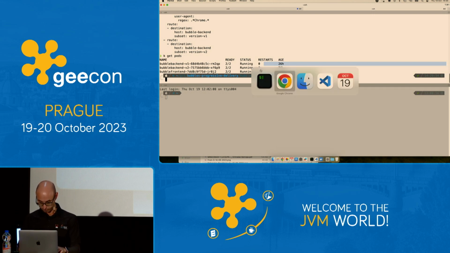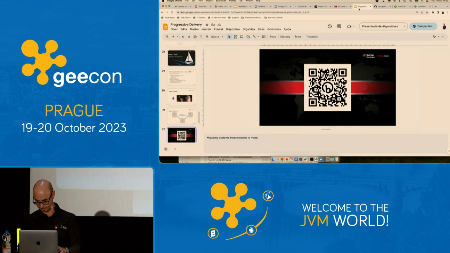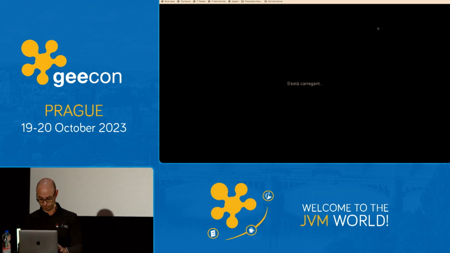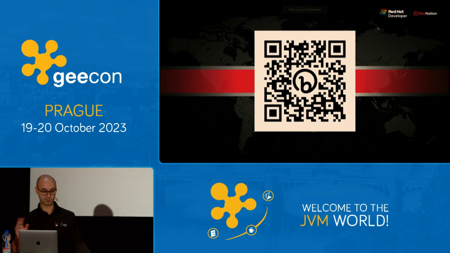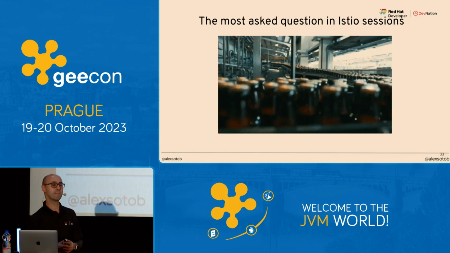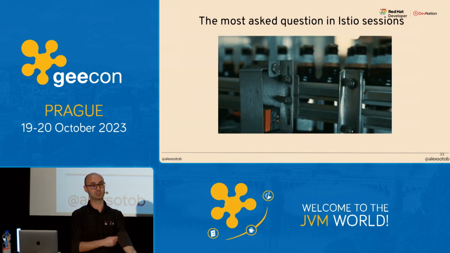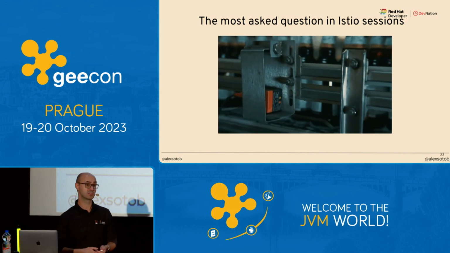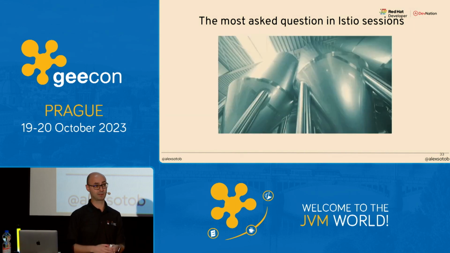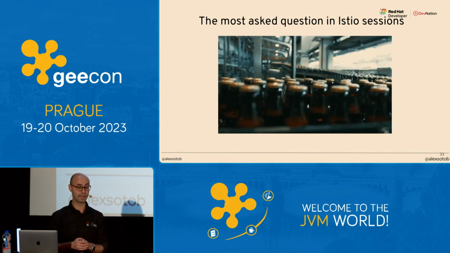Now that we've seen this, let's go back to the slides. Again, no worries, we're going to play and see more things. Because one of the most asked questions that I get when I deliver Istio sessions is, can I automate this? So we're seeing here that I had 100% of the traffic to red, 0 to blue.